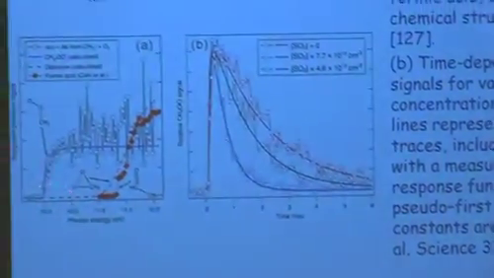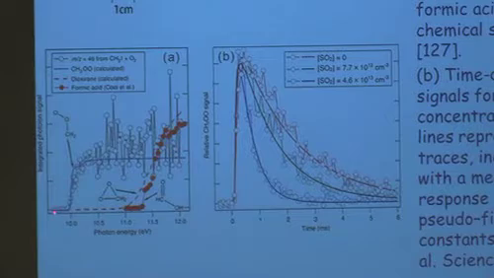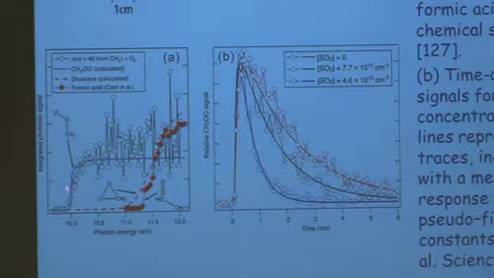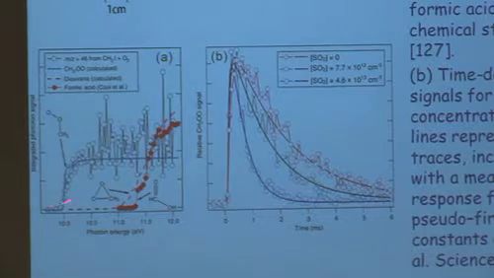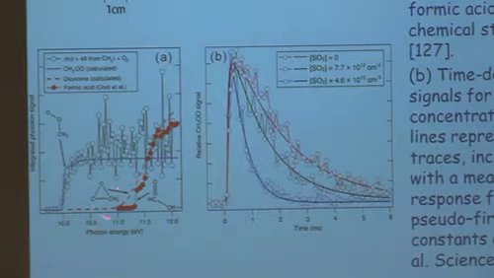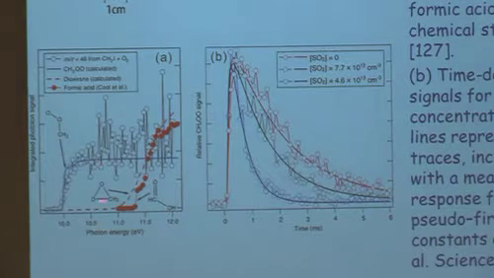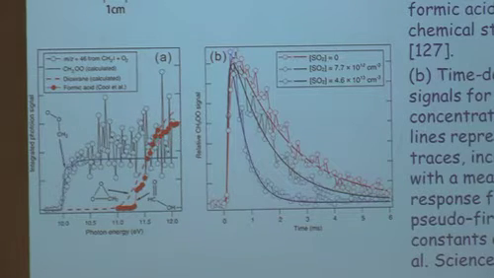And so this is the photon energy going up here, and here is the signal that they see. And they calculated the photoionization curve for this Criegee species, CH2OO, which looks like that. And then they calculated that for this species, dioxirane, and that looks something like that. And you can see there's a bit of an increase here, which corresponds to the dioxirane.